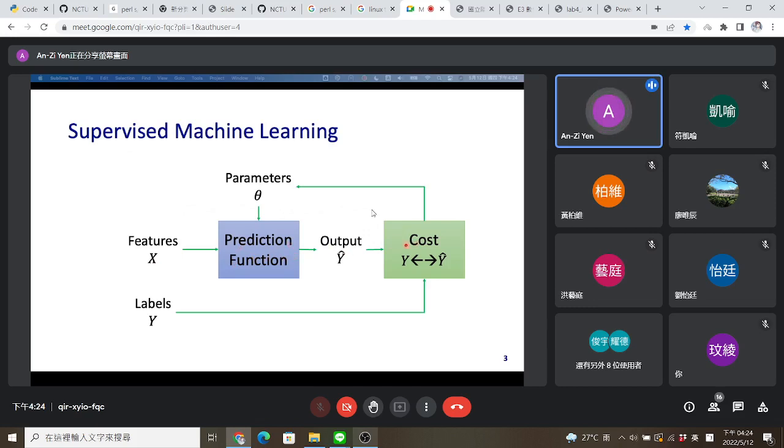So to do this, we have to run the prediction function to output the label y hat, where the prediction function takes the parameter theta to map our features. Now the best mapping from features to labels is achieved when the difference between the expected value y and the predicted value y hat is minimized.